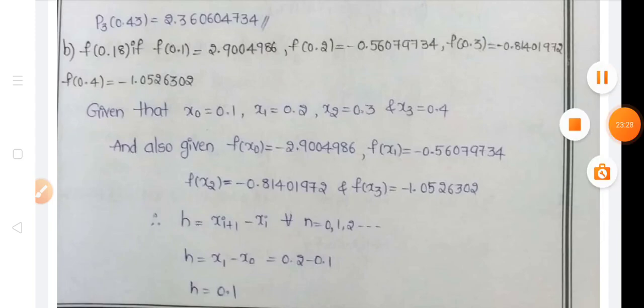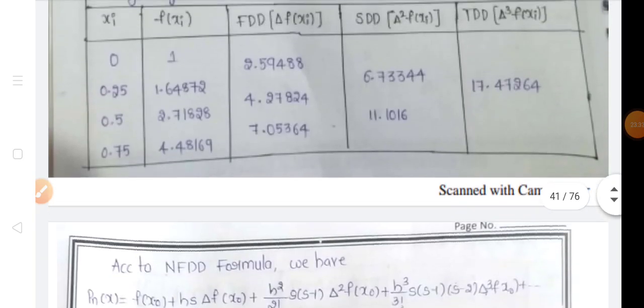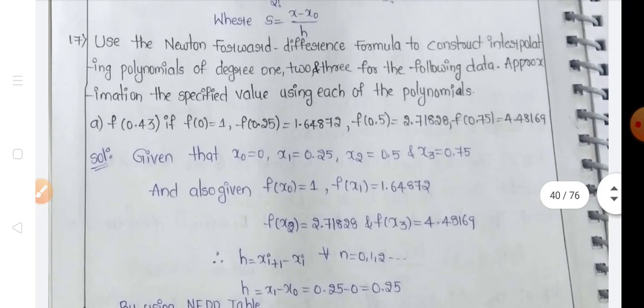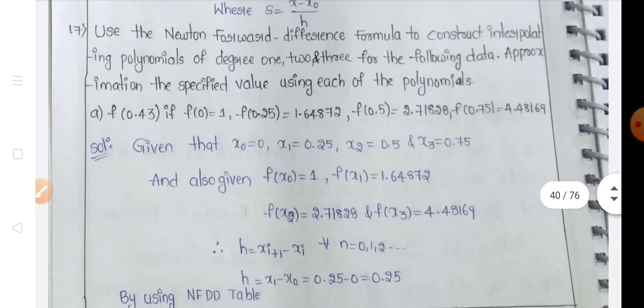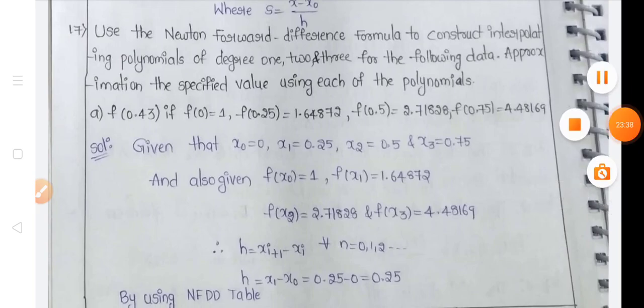Repeat once again. Use the Newton's forward difference formula to construct interpolating polynomials of degree 1, 2, and 3 for the following data, and approximate the specified value using each of the polynomials: f of 0.43.